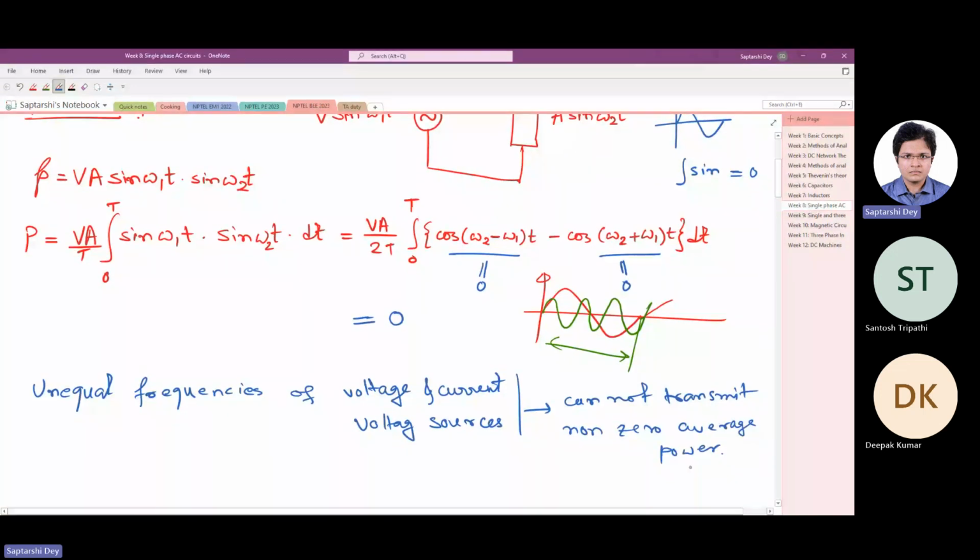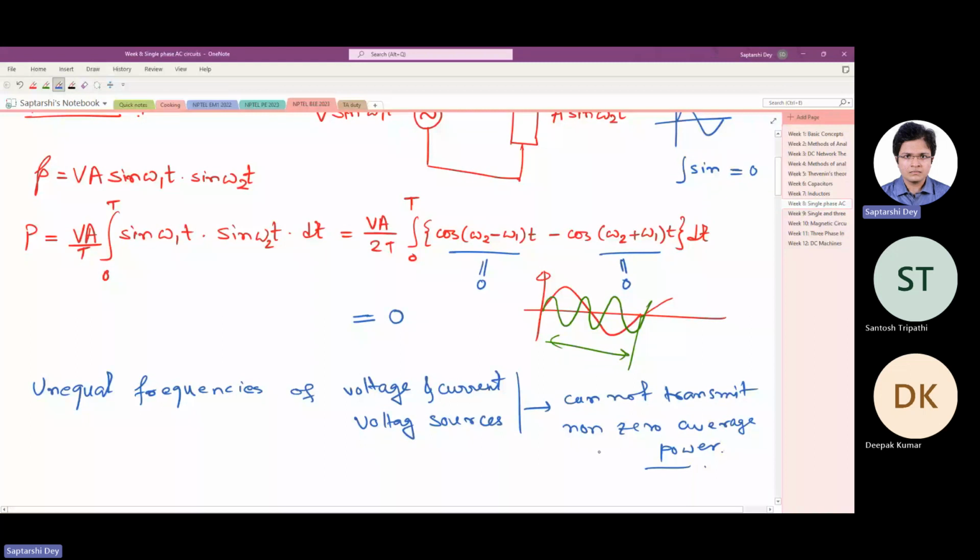So for non-zero average power transfer, there has to be the same frequency component.